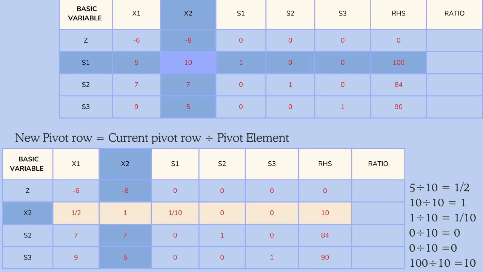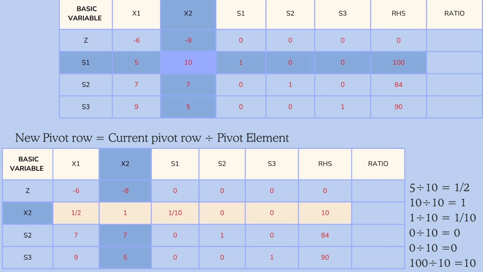Then, for pivot row, replace the leaving variable in the basic column with the entering variable. So, yung S1 is yung ating leaving variable and x sub 2 is yung entering variable.